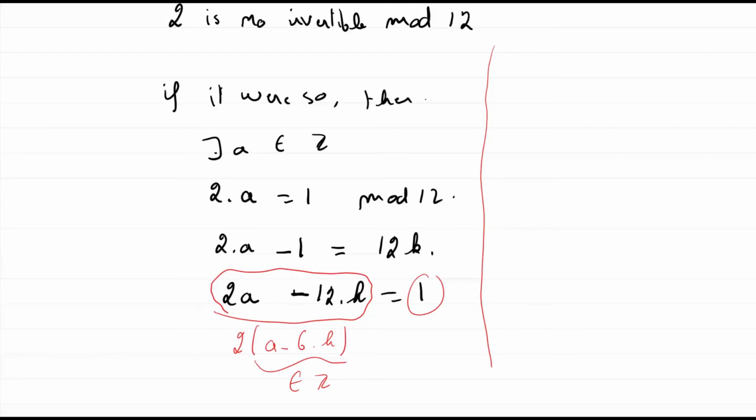In cryptography, as I already said several times, you have numbers of the order 10 to the 600, like numbers with 600 digits. And you want to invert other numbers of hundreds of digits as well. So you cannot guess and try. You want an efficient way to do it. And the way we do it is using the Euclidean algorithm. And this will be the object of the next video.